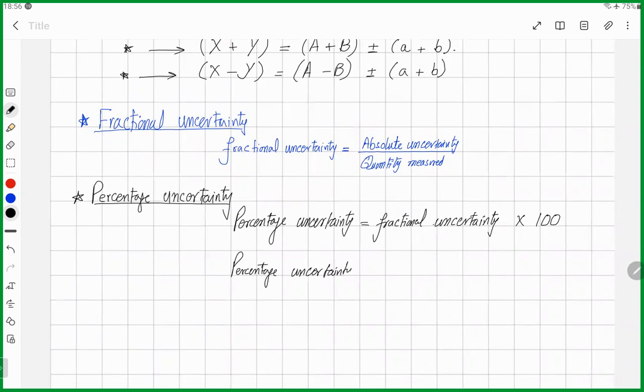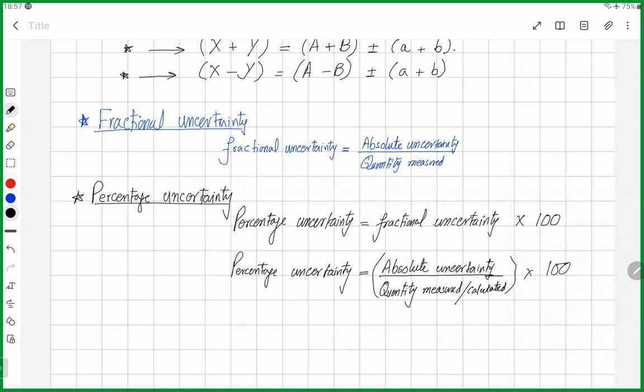Percentage uncertainty equals absolute uncertainty divided by quantity measured or calculated, multiplied by 100.